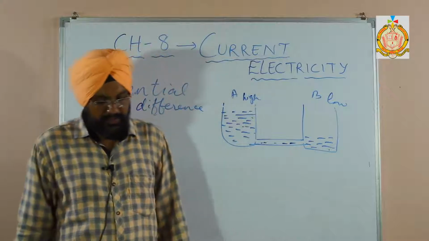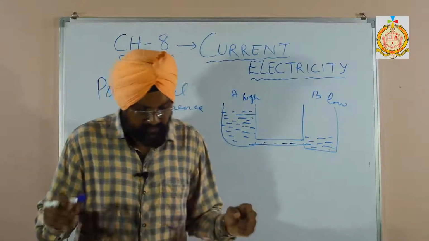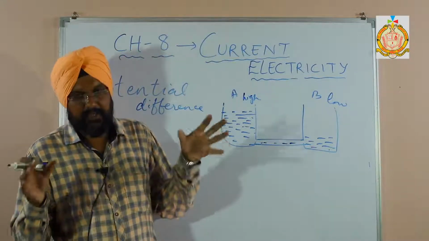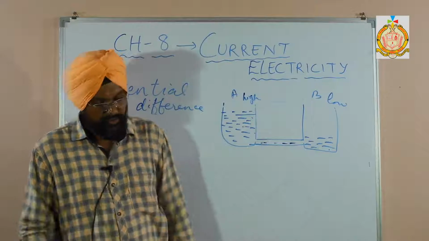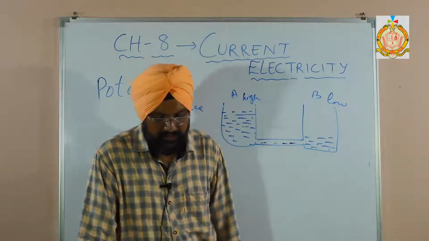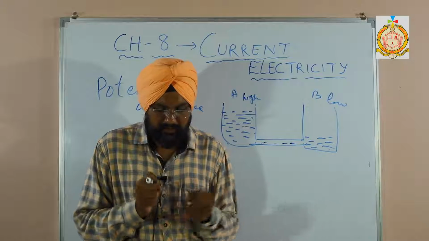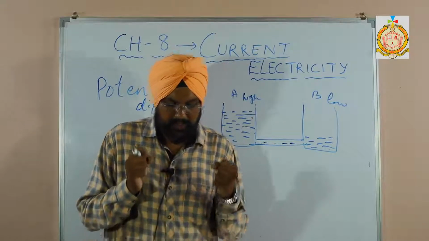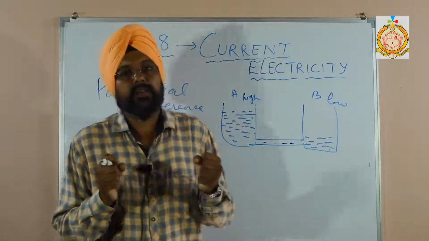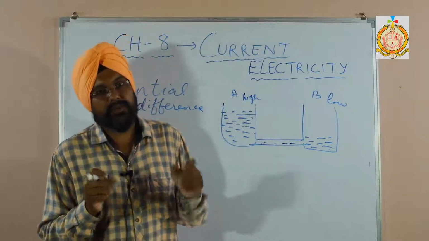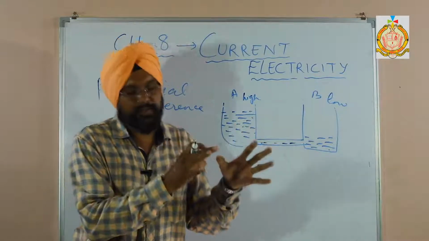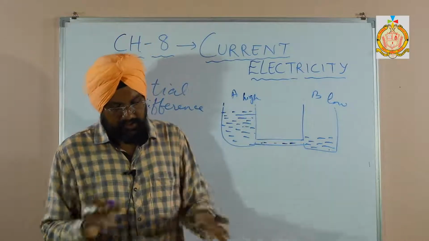So potential difference is to know the difference between the 2 points A and B. The potential difference between 2 points is equal to the work done per unit charge in moving a unit positive charge from one point to another.